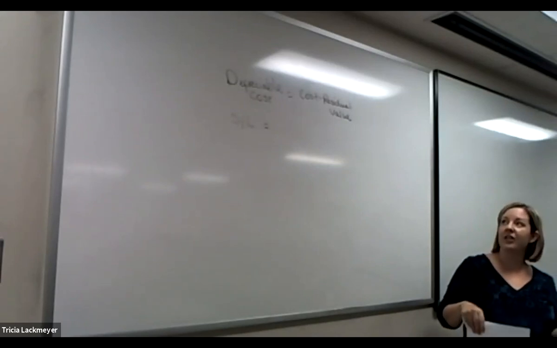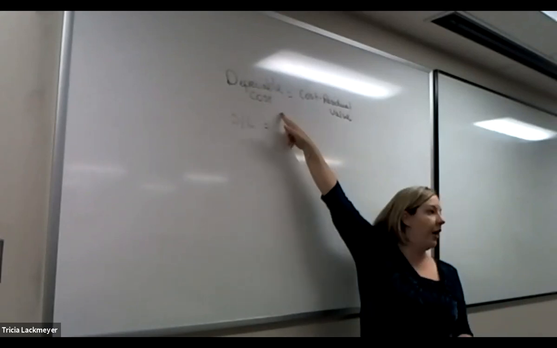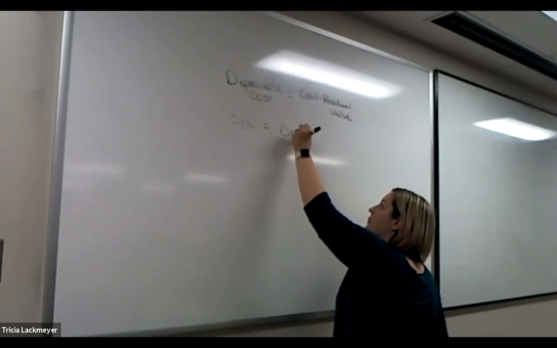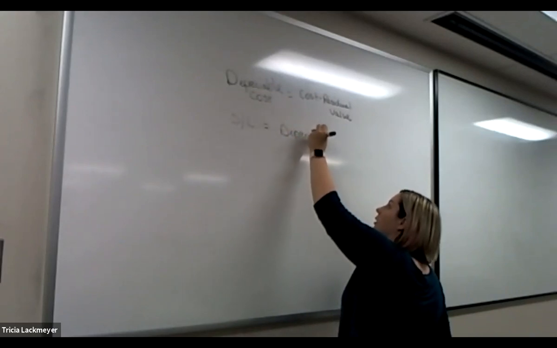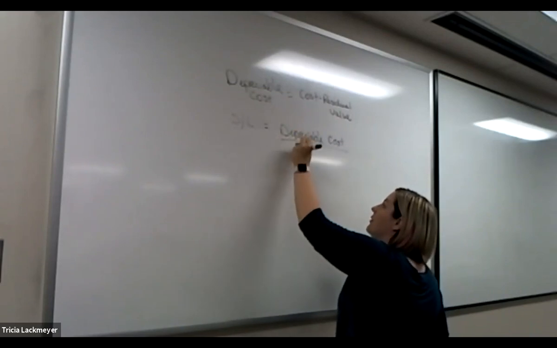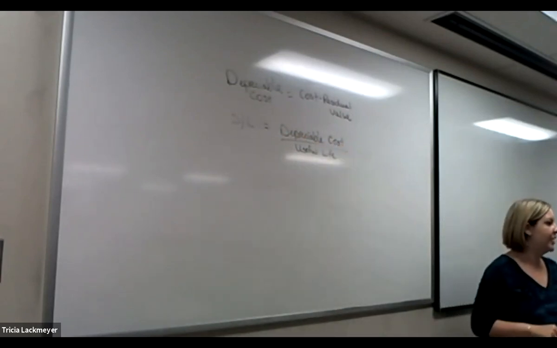Another way you could look at it is cost minus residual value is depreciable cost. So under straight line, you could just say depreciable cost divided by useful life. Kind of interchangeable.